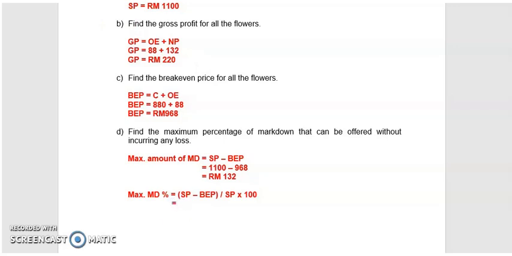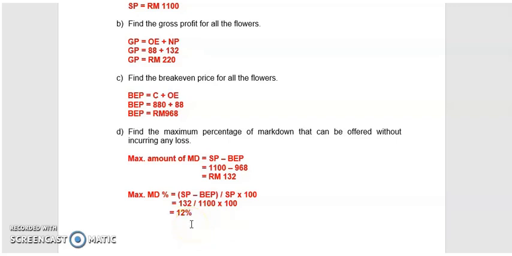So equal to maximum amount of markdown 132 divided by original selling price, which is 1,100, and then multiply by 100. So this one we will get how many percent? 132 divided by 1,100 times 100. 12%.